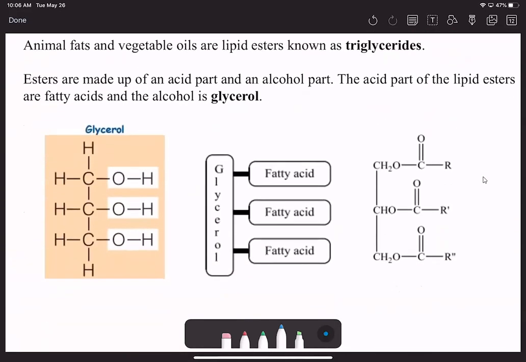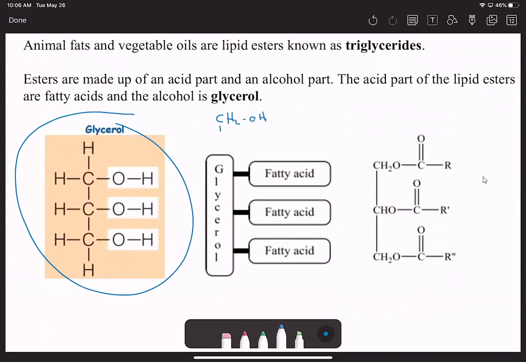We've talked about glyceraldehyde. This is glycerol, right? There's a couple different ways you're going to see this. You can see this as a CH2OH.